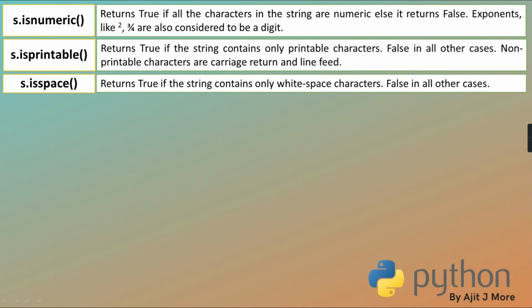Then is alnum, is alpha, is digit, is decimal, is numeric, then is lower, is upper, is title, is printable, is space. All these check functions are clear, and between these three also is clear, I hope.